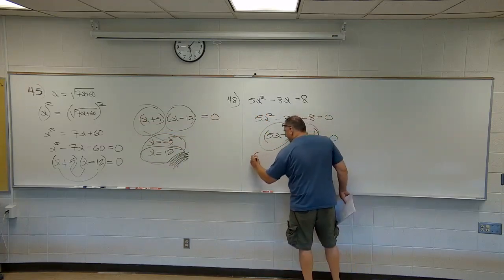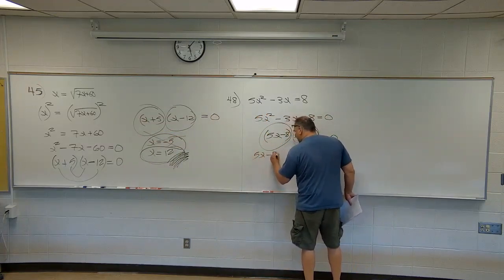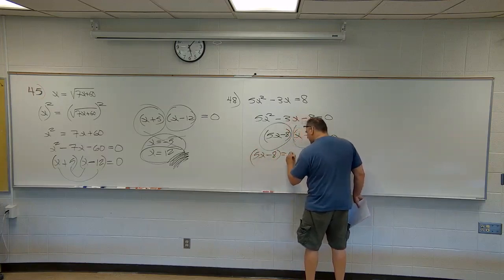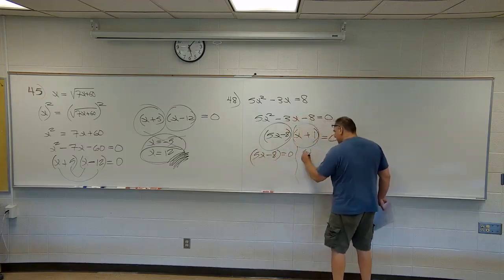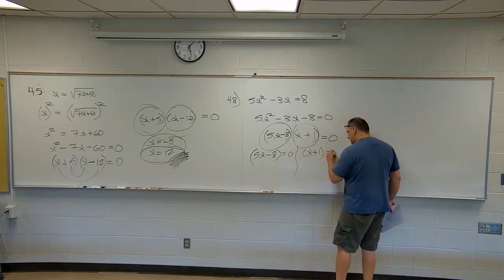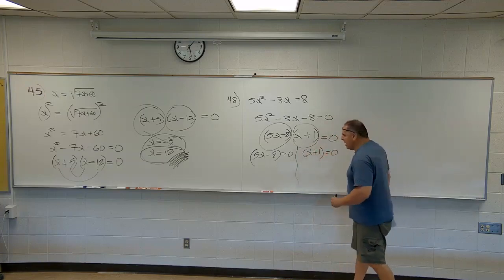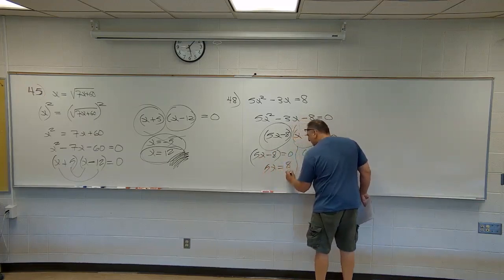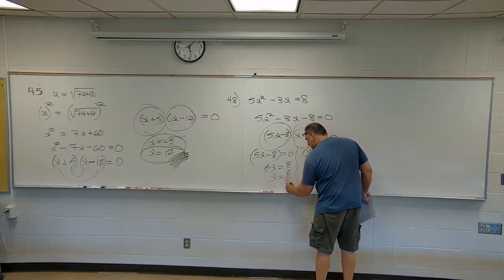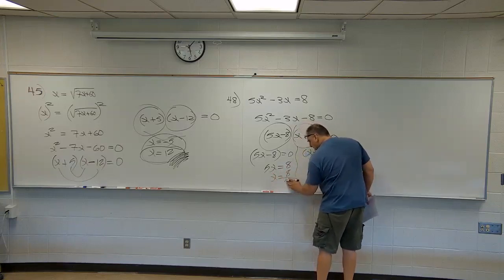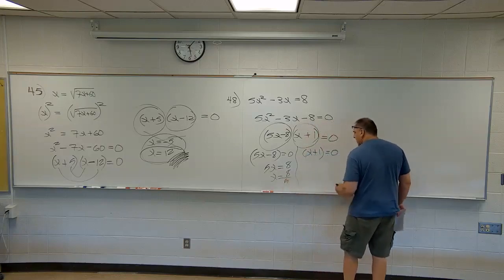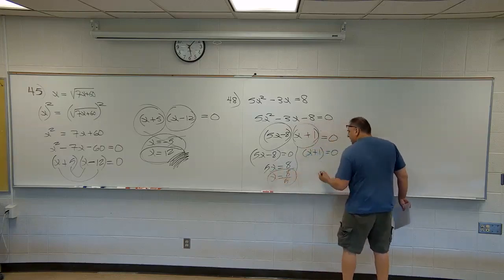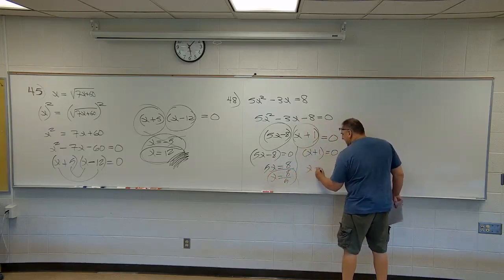So what we have here is 5x minus 8. Let me add 8 on each side. Let me divide by 5 on each side. Sounds good to me. Let me add a negative 1 on each side.